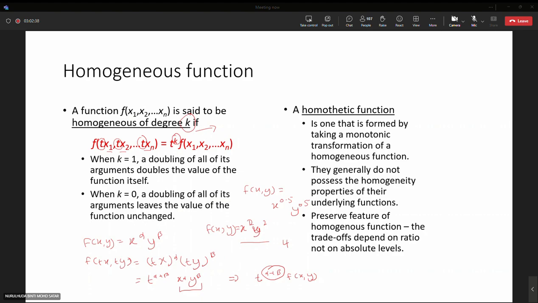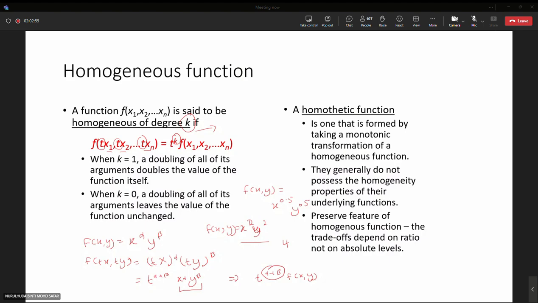The homogeneous function is also a homothetic function because of the limitation in the way we can take a monotonic transformation.